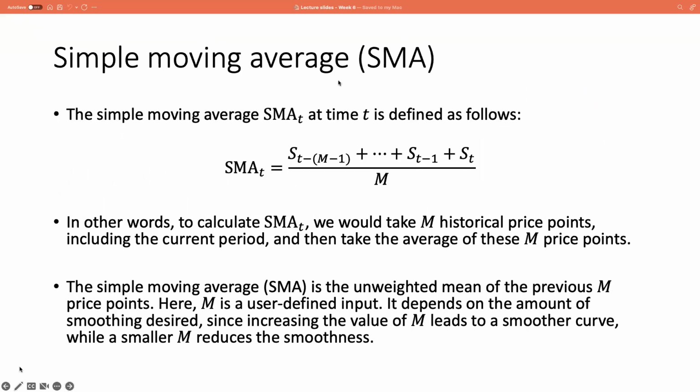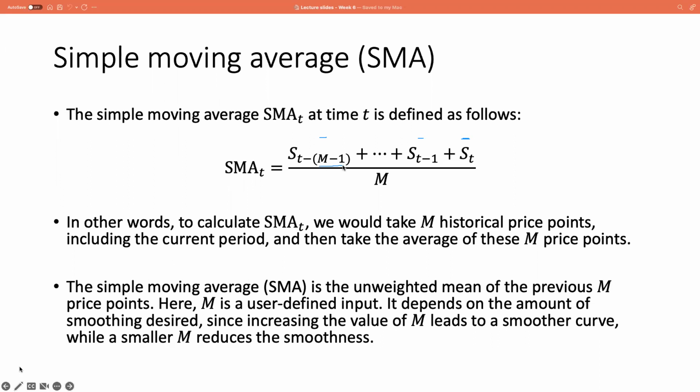So there are different ways to calculate a moving average. The most common way is to use the so-called simple moving average. To calculate a simple moving average, we just take the list of price points falling into the window. So we start at the current time point, and we move back, say we have n points here.